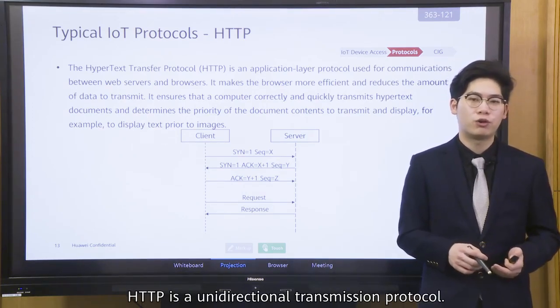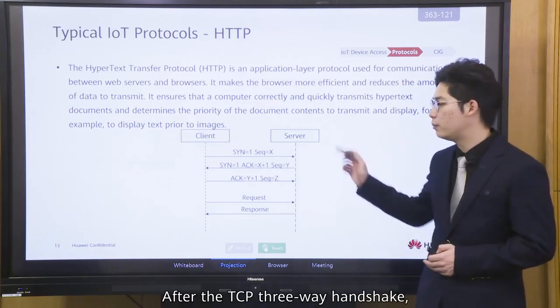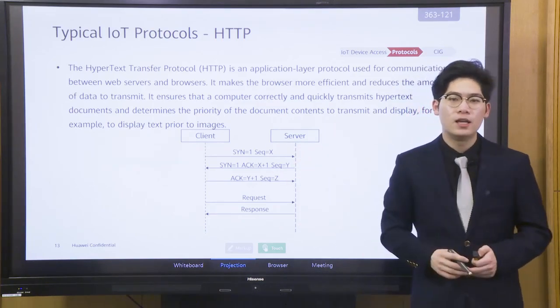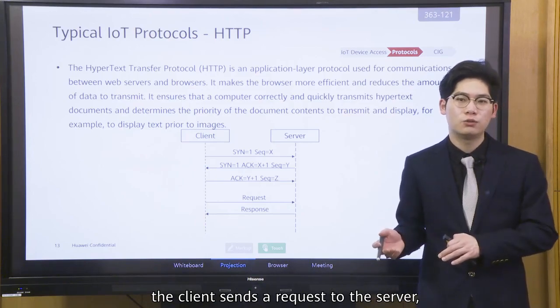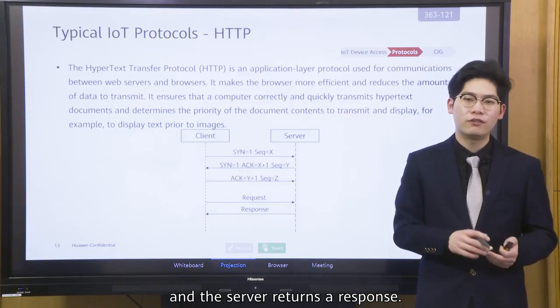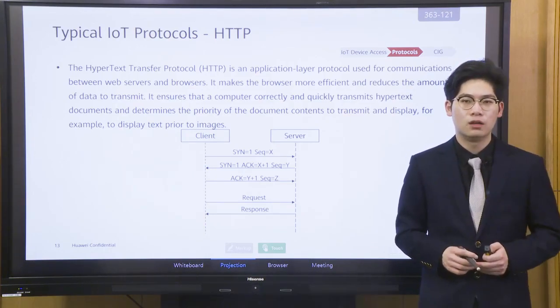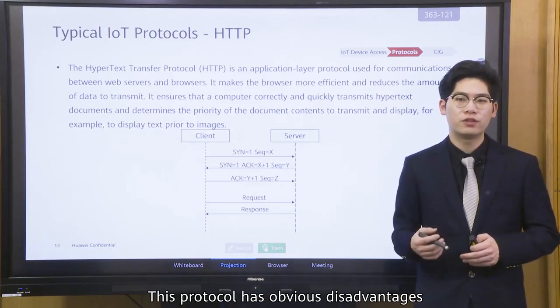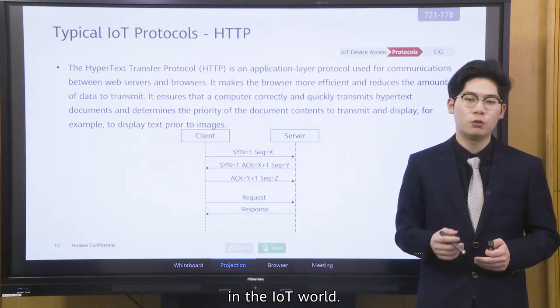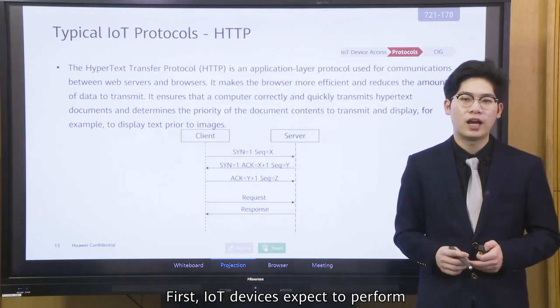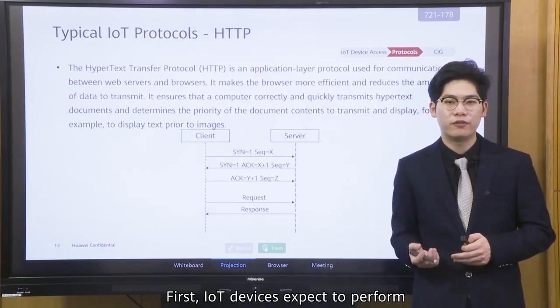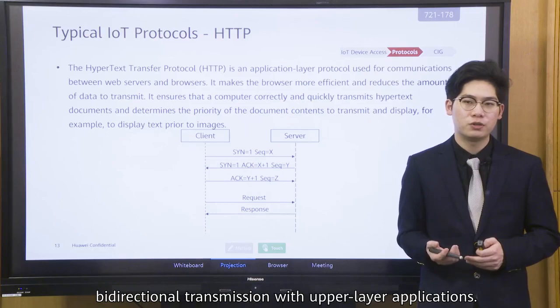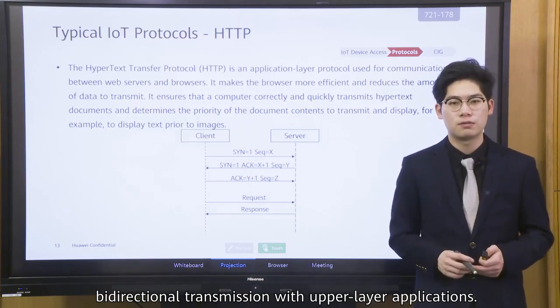unidirectional transmission protocol. After the TCP three-way handshake, the client sends a request to the server, and the server returns a response. This protocol has obvious disadvantages in the IoT world. First, IoT devices expect to perform bidirectional transmission with upper layer applications.